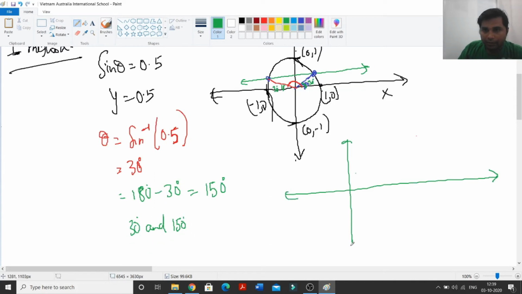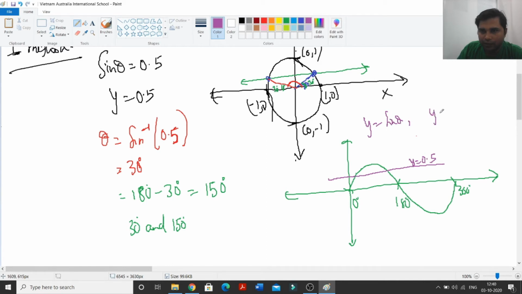So this is the second method we are discussing right now. This is a graph of sine theta between 0 and 360. Okay, this is 180 degrees. These graphs are not to scale. Now if you draw a line at 0.5, because sine theta is equal to 0.5, so we have drawn y is equal to sine theta and we have drawn y is equal to 0.5.